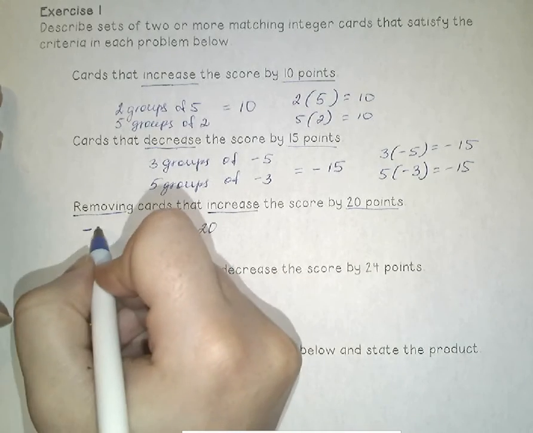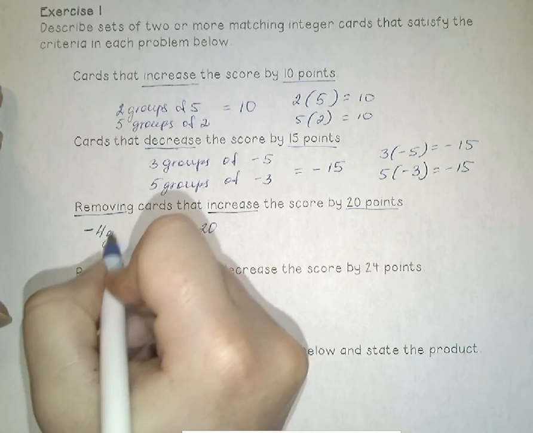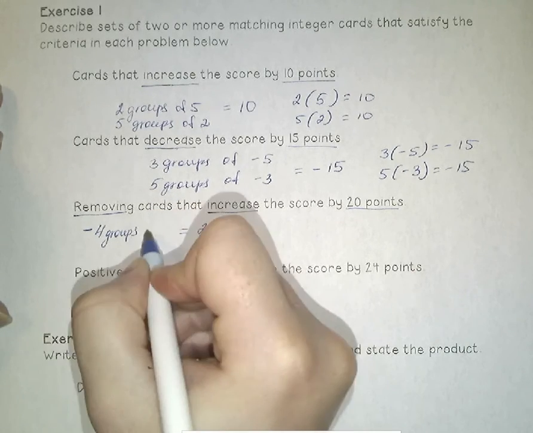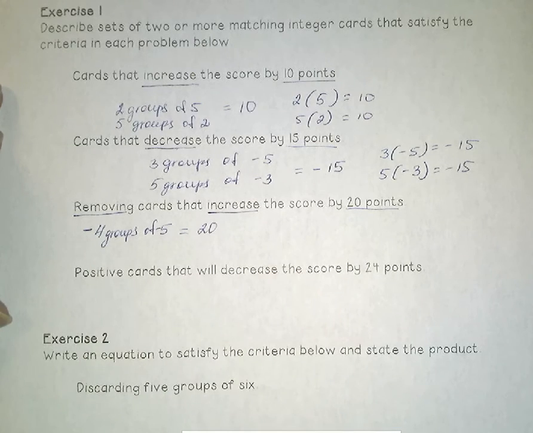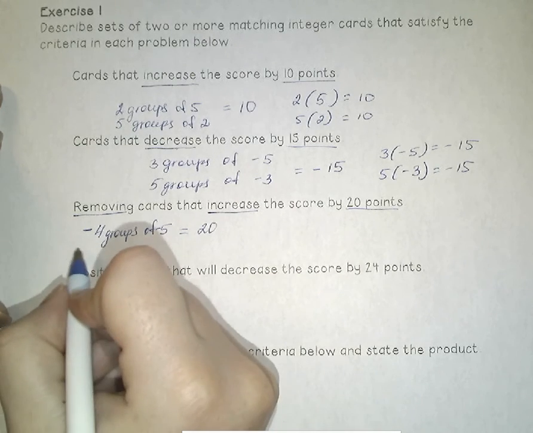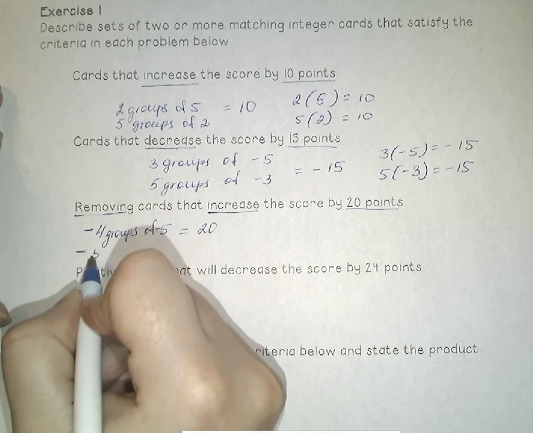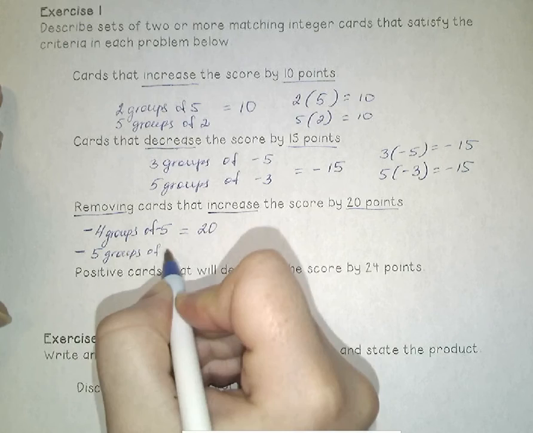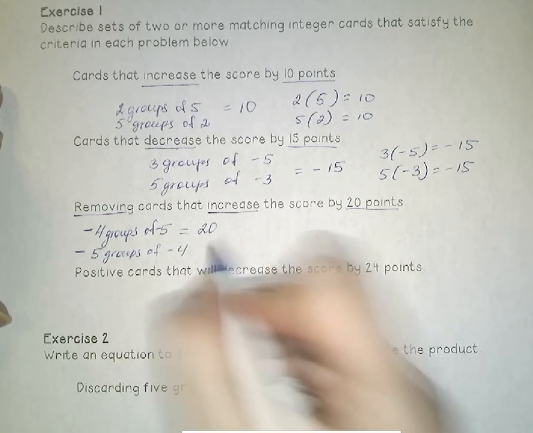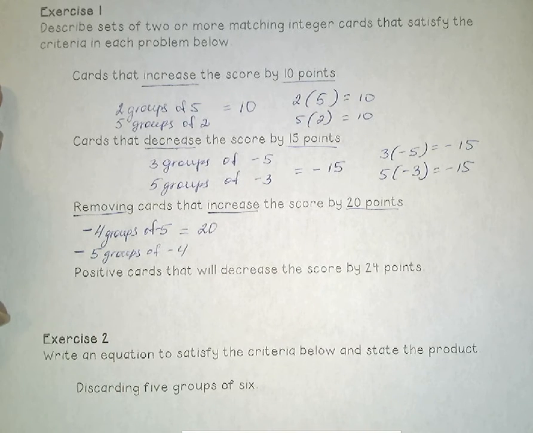Removing, let's say, 4 groups of -5, or I can remove 5 groups of -4. Also will result in positive 20.